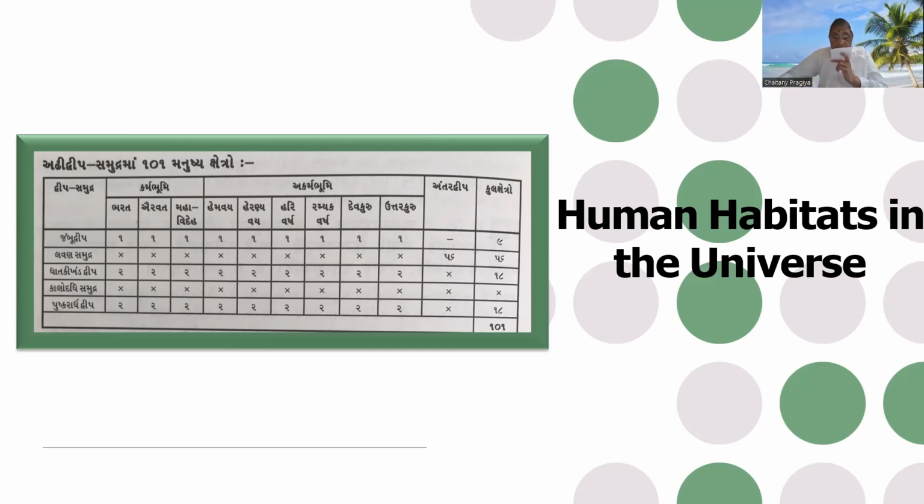Looking at all these different parts where human beings are found, the total number is 101. It means there are 101 types of human beings.